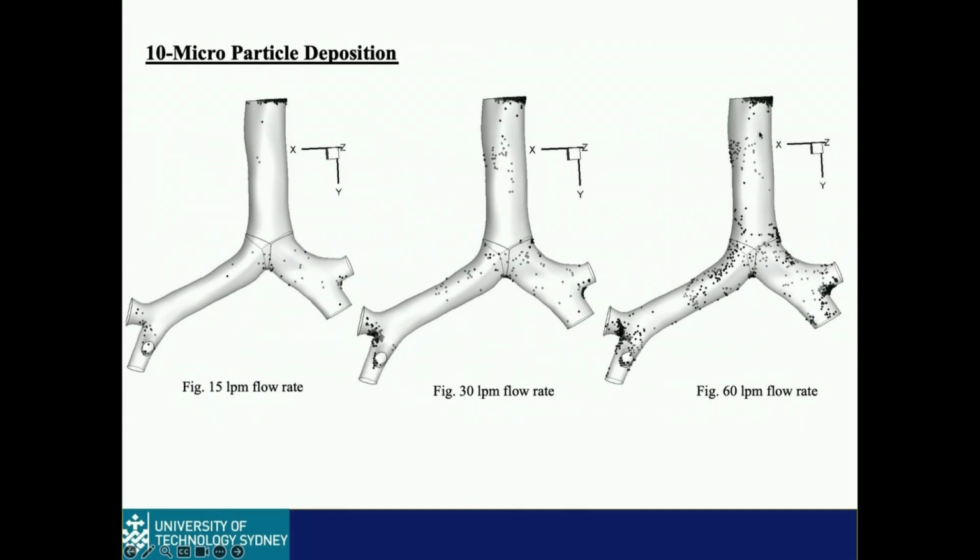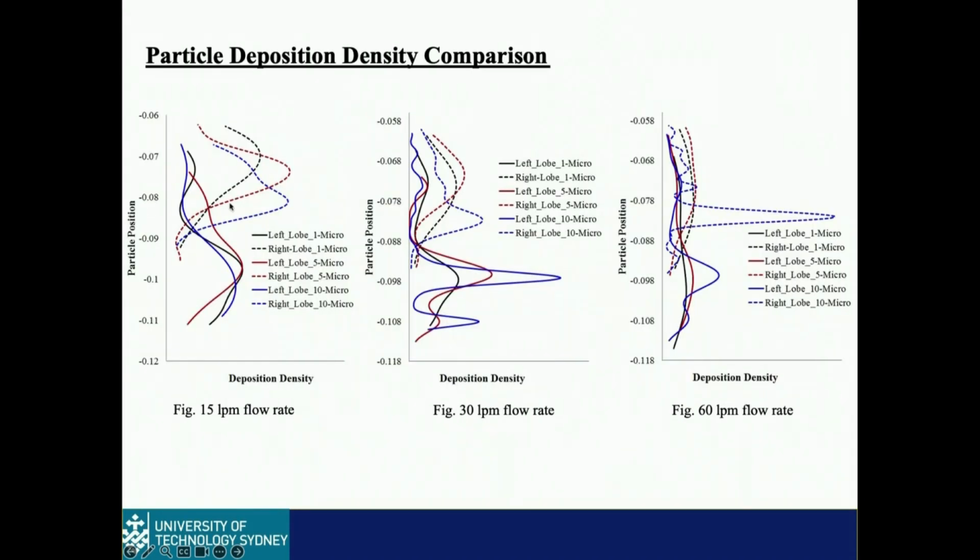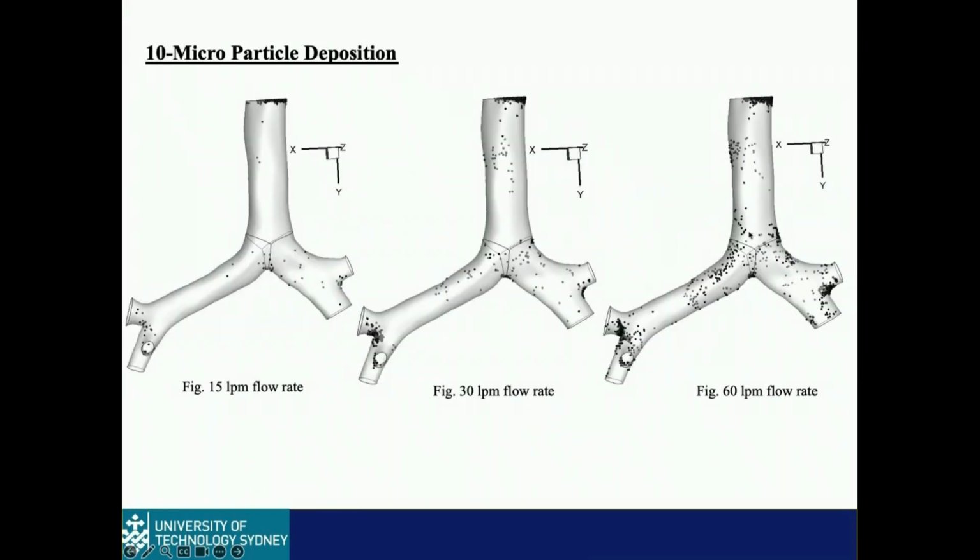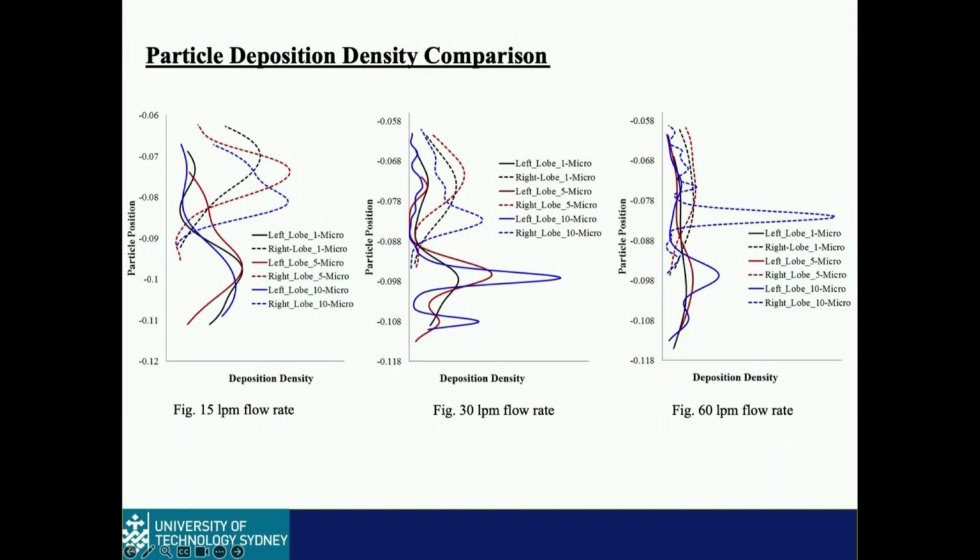So we counted along the y axis and showed it here. In the three different cases you see the position-specific particle deposition. Here it is about negative 0.082 or something, so it is somewhere here. Most particles are depositing here. That's why you can see it here.